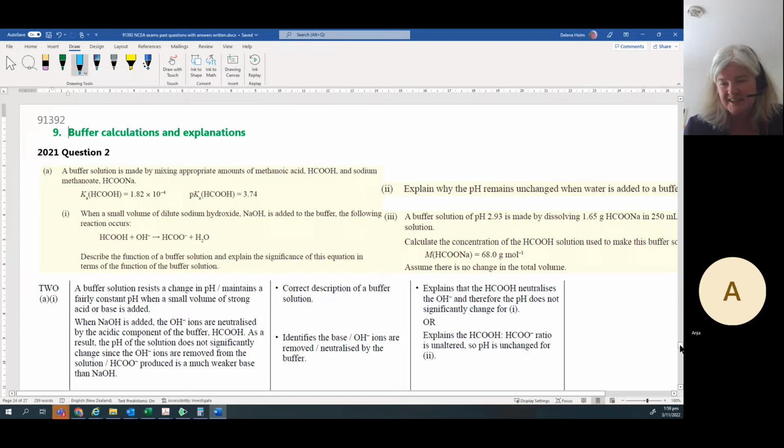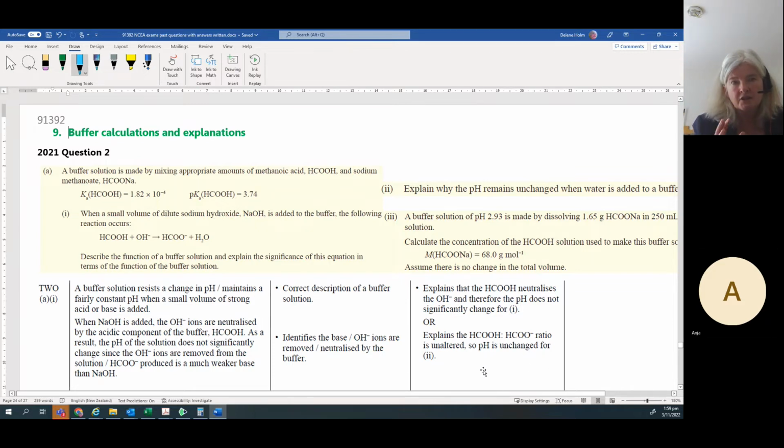I always use the Henderson-Hasselbalch equation, but you can do it from first principles. But they will always ask you about where's the buffer solution, why is it a buffer, how can it help? So remember, you've always got to talk about the weak acid and its conjugate base ratio.